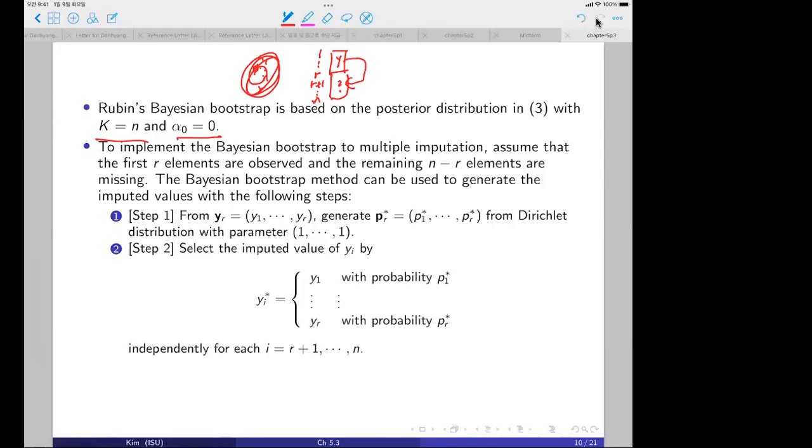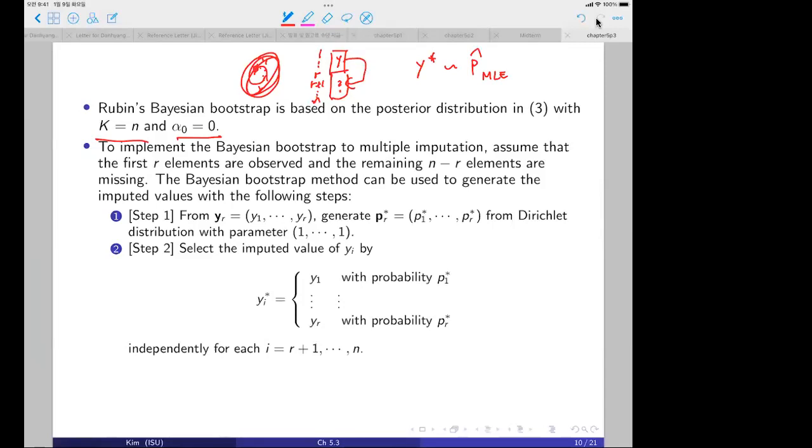That is actually kind of generating imputation from p hat MLE. If you do bootstrap, you use the empirical distribution of the observations, and from there you select one. But this is frequentist.